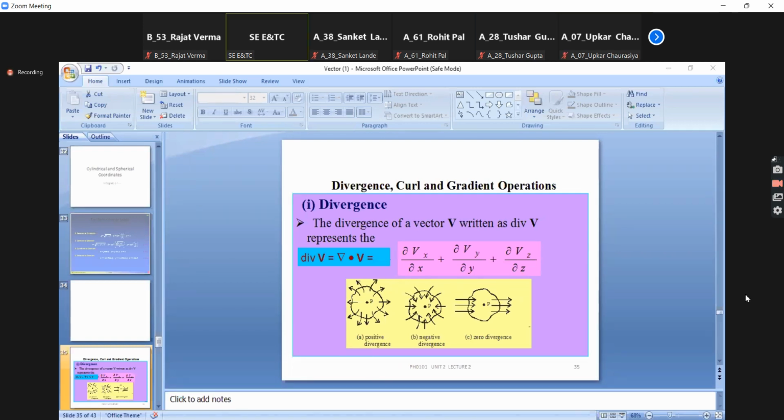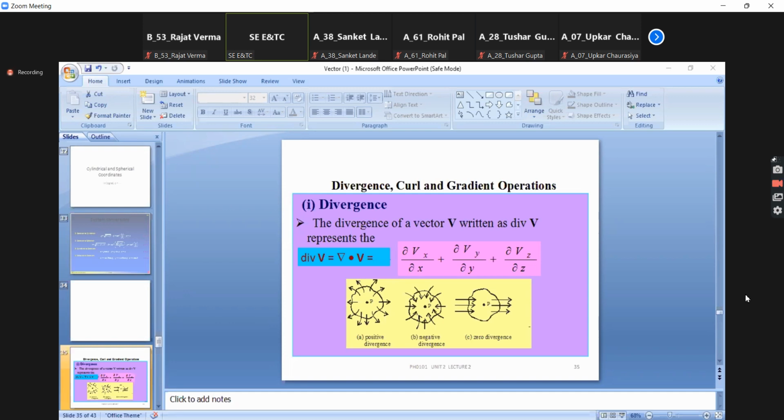Okay, live example. Field which is diverging. So if any point P is located and the field is going out of that particular point in the outward direction, then mathematically, what is the divergence of any vector V?